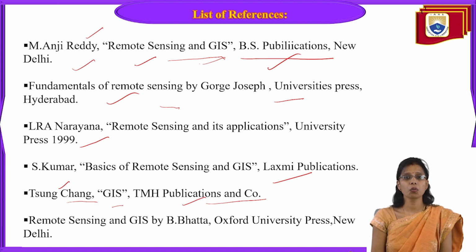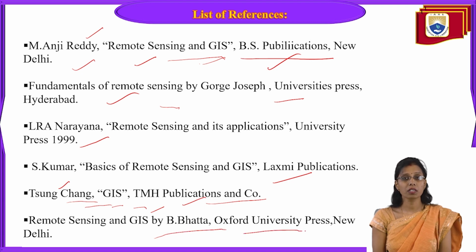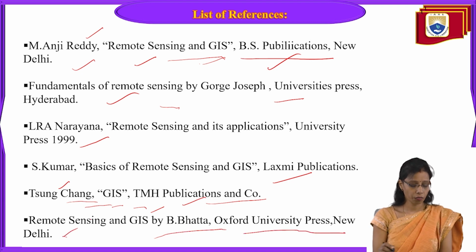If you want to know more about GIS content, which we'll be discussing in the coming topics, you can find out more in this Tang Chang GIS book. This is a very good book for referring to the GIS portion of this course. Remote Sensing and GIS by Bhatta is also available from the University of West New Delhi. These books also we can refer.